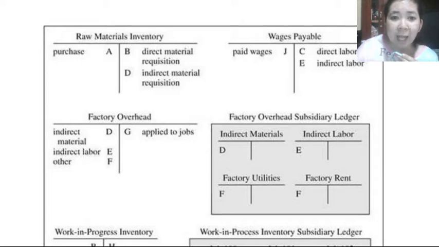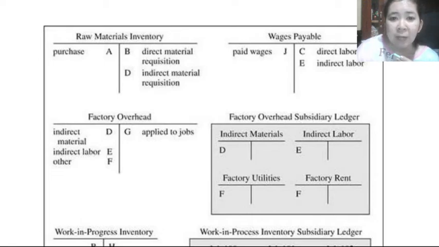For factory overhead, if there are indirect materials or indirect labor that was used or rendered in the working of a specific job, then it will be debited. Once this is applied to the process, or this was already finished, we will credit this amount from our factory overhead because this will be transferred later on.